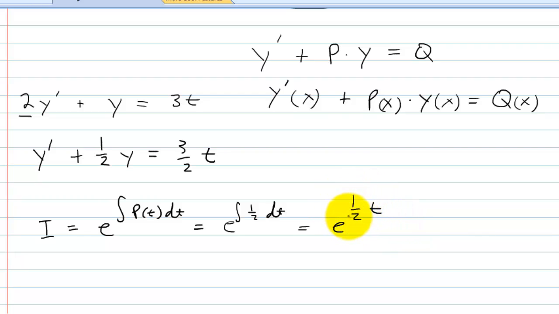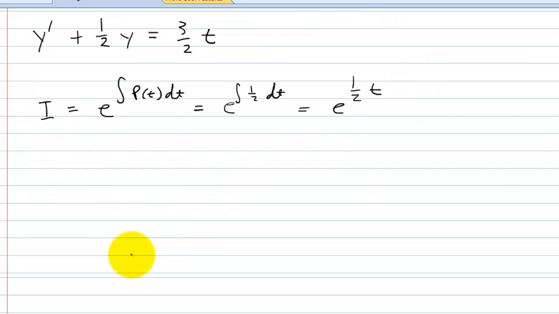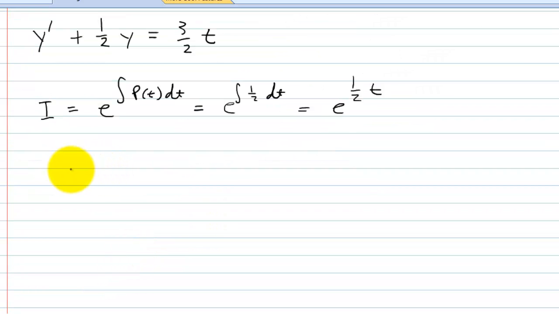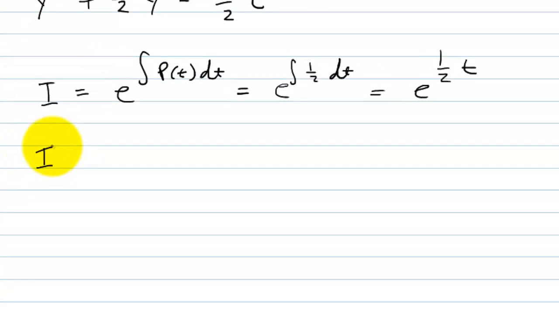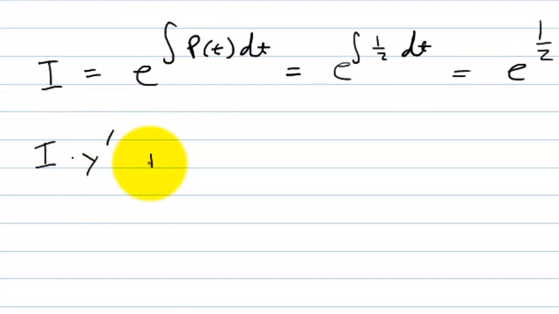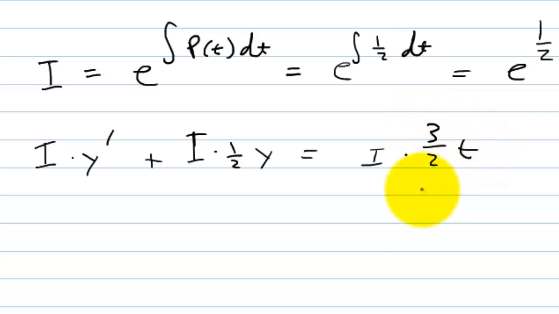Now after we solve for the integrating factor, we have to multiply it into everything in this equation. So let's get started on that. It's going to be I times y prime plus I times 1/2 y is equal to I times 3 halves of t.